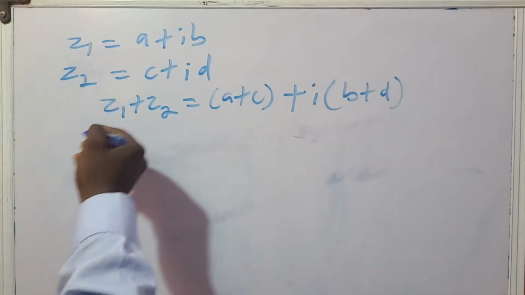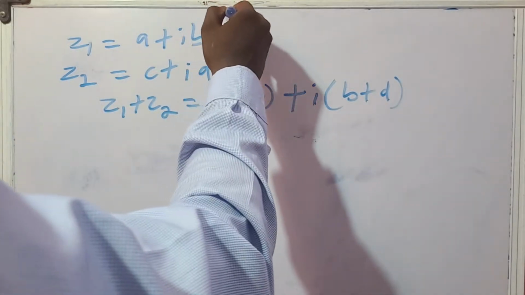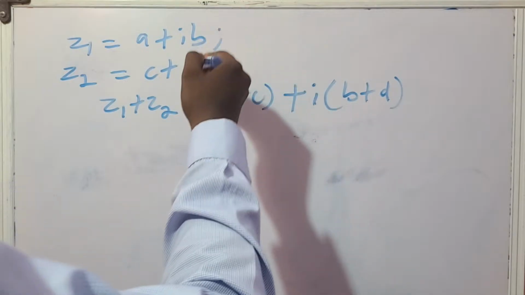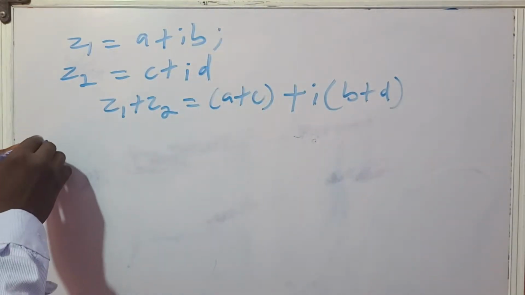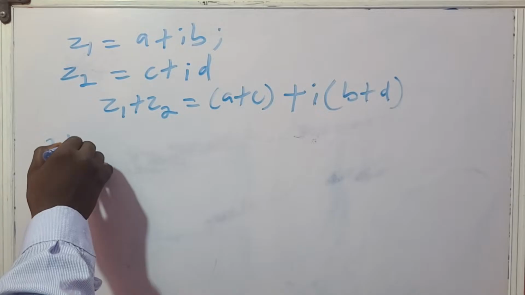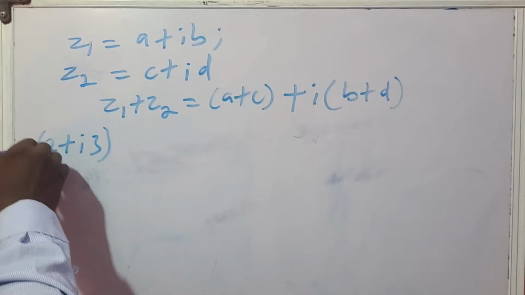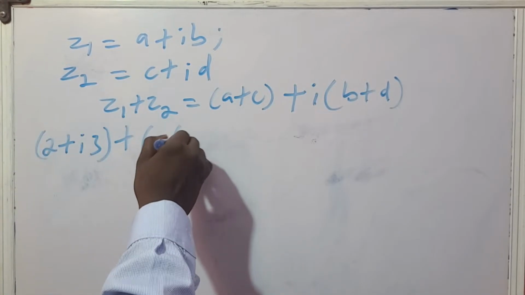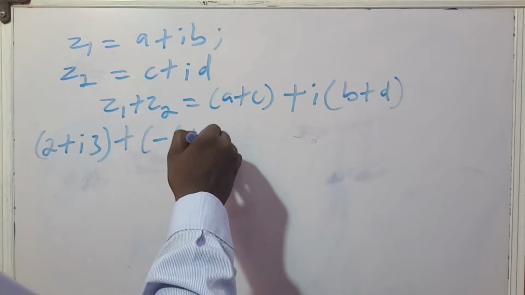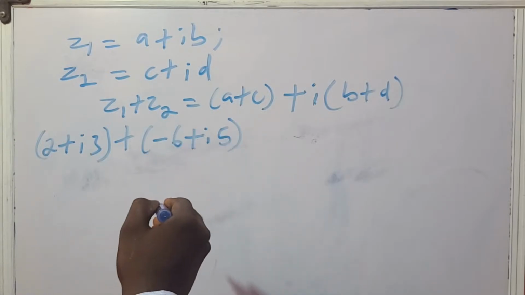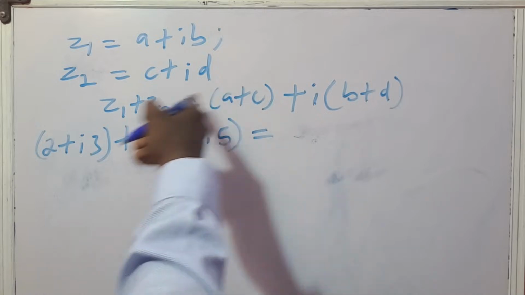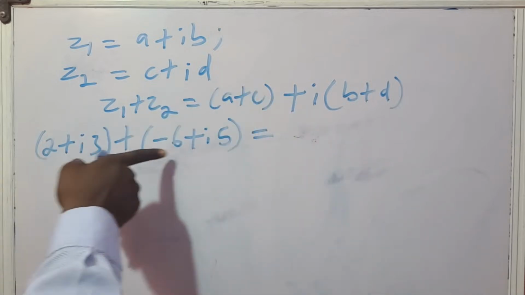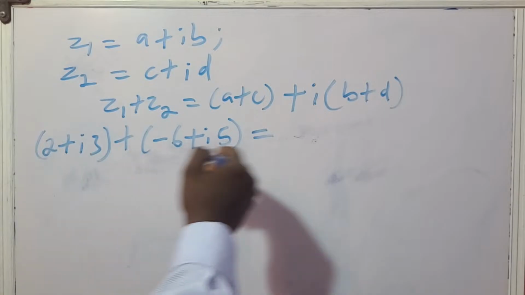So this is the whole concept. An example could be, let's say we have two complex numbers: 2 plus i3, and we want to add this with minus 6 plus i5. How do we go about this? As you can see, all you have to do is add the real parts. That will be 2 plus minus 6.